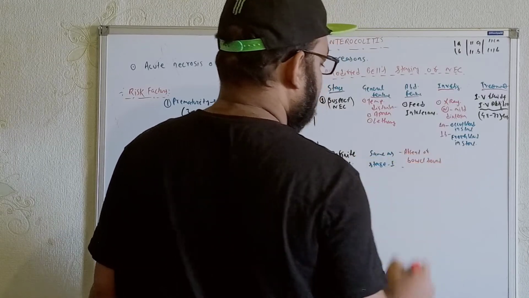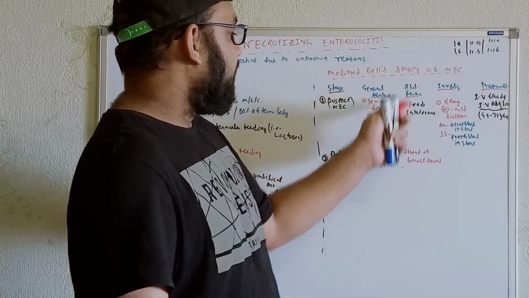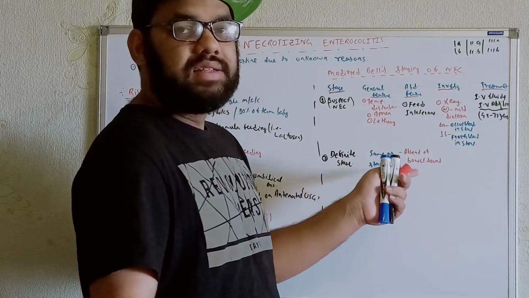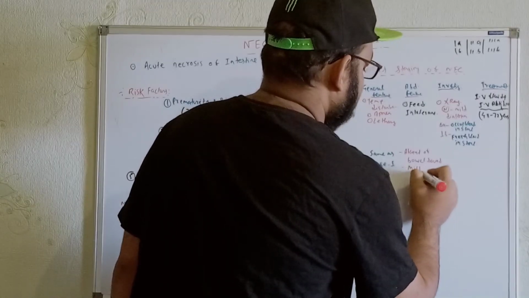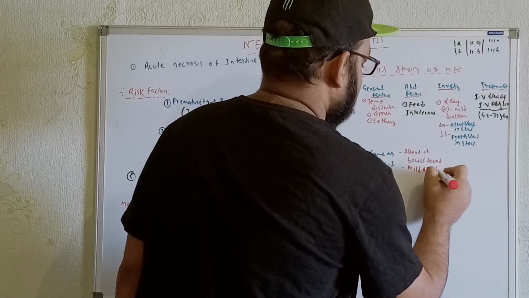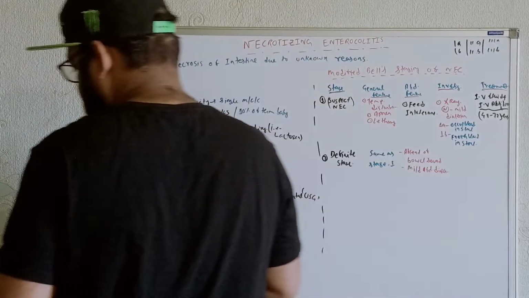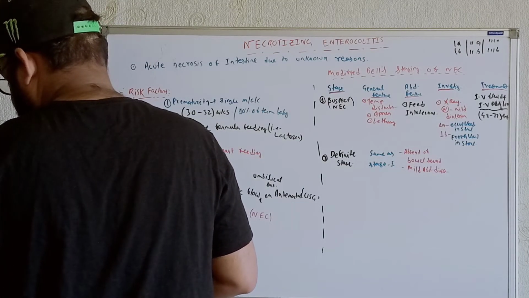Along with that, we will also get another thing over here. Try to understand. In these cases, we will also get abdominal dilations, but mild. So you get mild abdominal dilation or distension, whatever you can say in these cases, no problem.